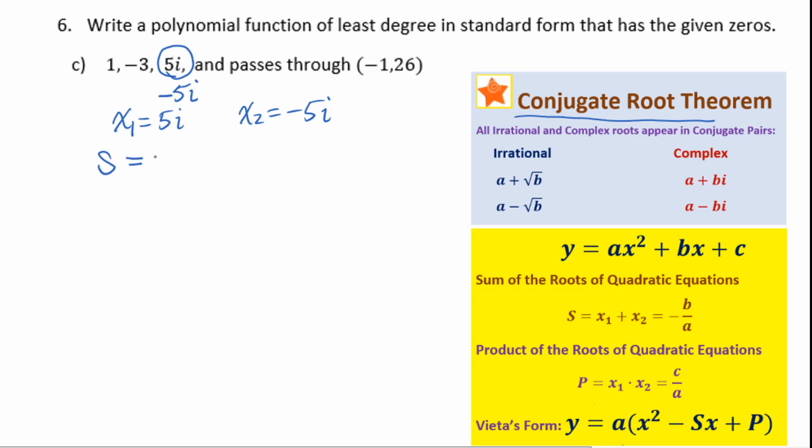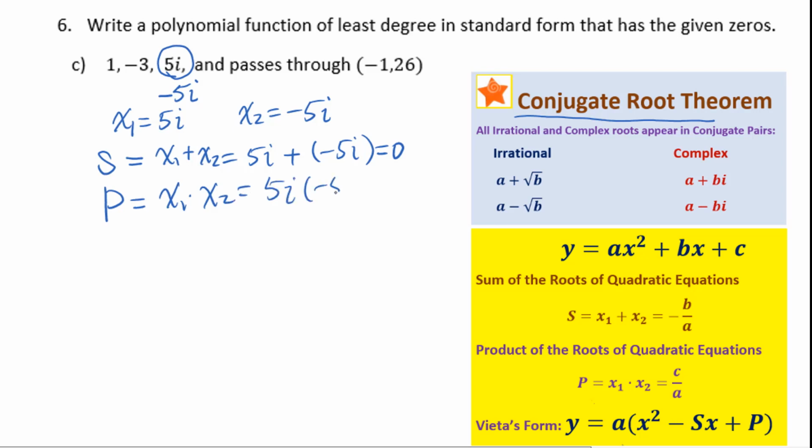Let s equal x1 plus x2: 5i plus negative 5i equals 0. For p equals x1 times x2: 5i times negative 5i is negative 25 i squared, which means 25, because i squared equals negative 1.